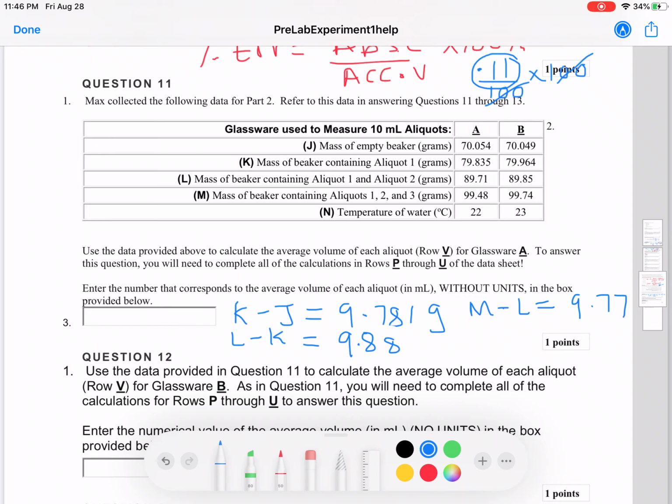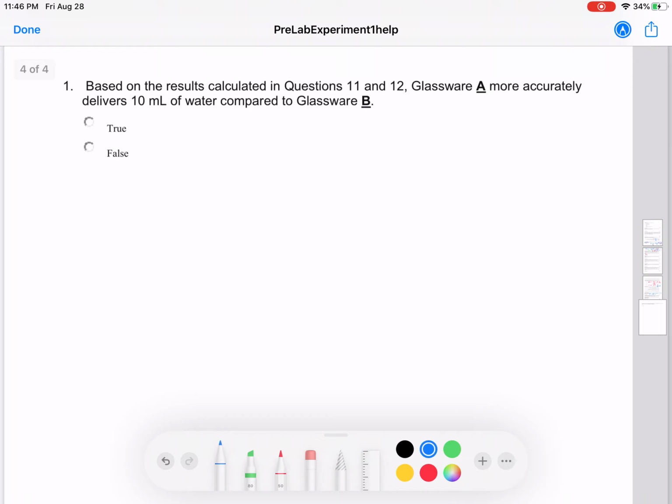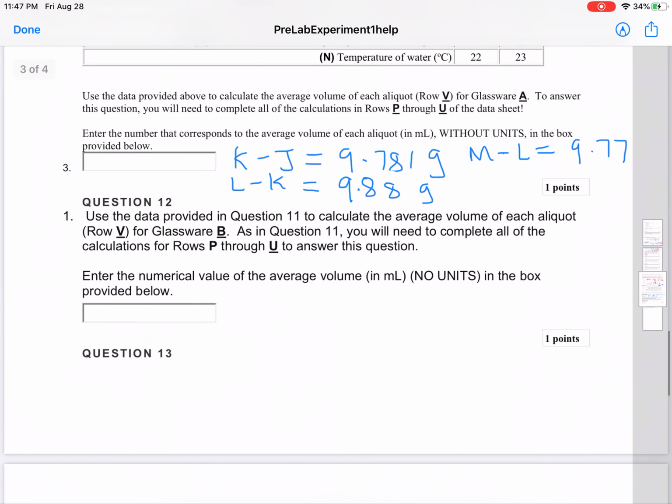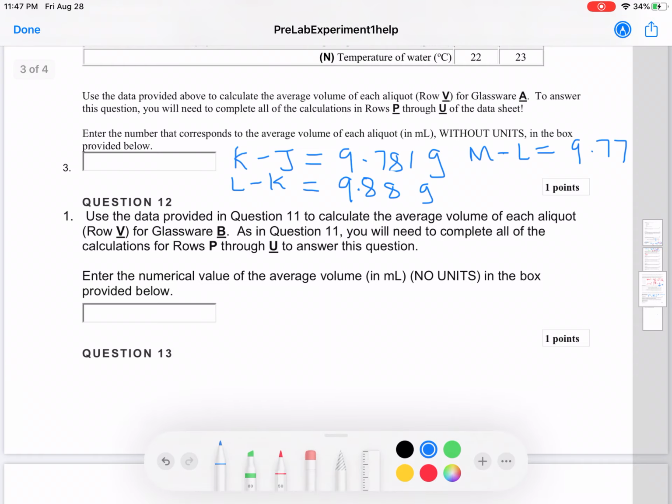Now it is asking for the number that corresponds to the average volume. So all of these are masses. How do you calculate the volume? Remember, density is mass over volume, so the volume is going to be mass over density.